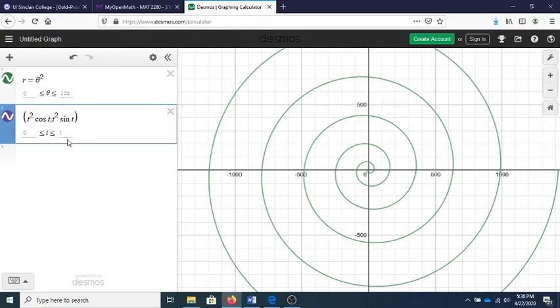Now, t is only going from 0 to 1, but since t is really theta, it looks like we need to let t go from 0 to 12 pi. And if we do that, yes, my blue parametric curve perfectly overlays my green polar curve, because these parametric equations are equivalent to this polar equation.